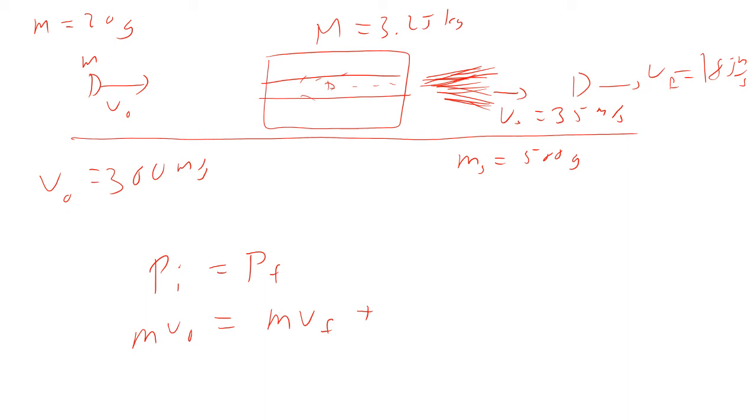It's also going to be the mass of the stuff times the velocity of the stuff, plus the mass of the block, but the block has now lost some mass because some of the stuff got blown out, times its final velocity. So the velocity, after you do some algebra, is going to be (m v naught minus m v minus m_s v_s) divided by (m minus m_s).